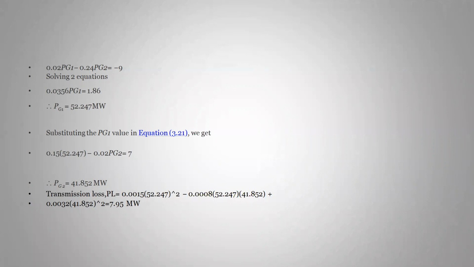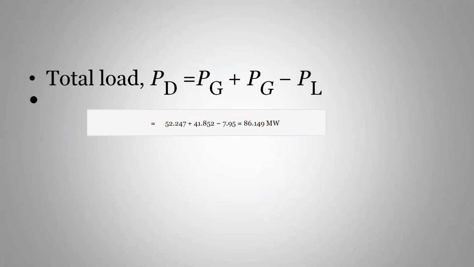Substitute all the values. So the power loss is 7.95 megawatt. And the total load, what is the total power load? PD is equal to Pg1 plus Pg2 minus power loss.